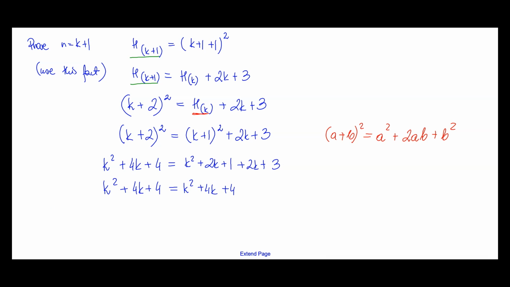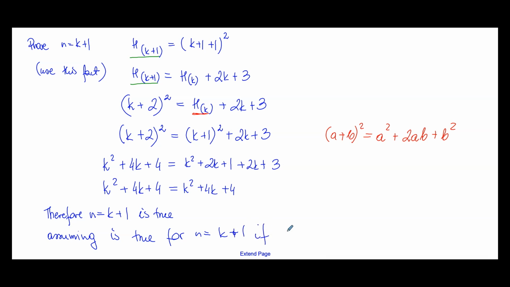Therefore, I need to just write the conclusion. So we are saying, therefore, n equal k plus 1 is true, because that's what we were proving. We take an assumption, assuming that it is true for n equal k, and it is then true for n equal k plus 1.